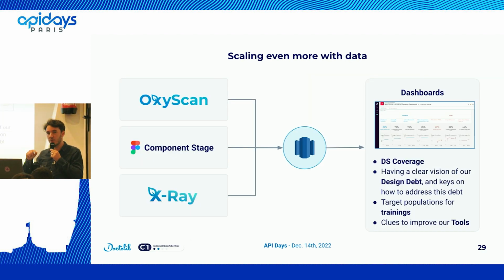Good news is, all these tools are generating data. This data is pushed through Redshift, and with all this data, we're able to have dashboards. With these dashboards, we can see the design system coverage on our product, I mean the live product, and also on the design side. So we are also able to see the population that needs training.